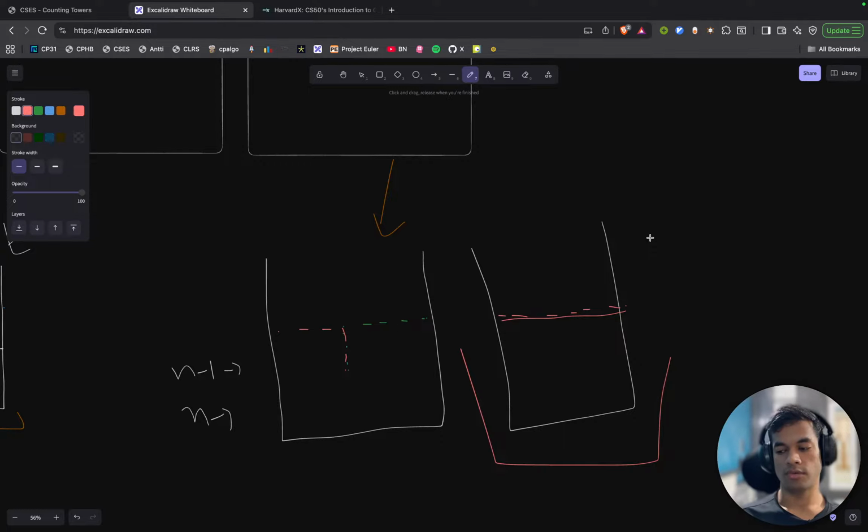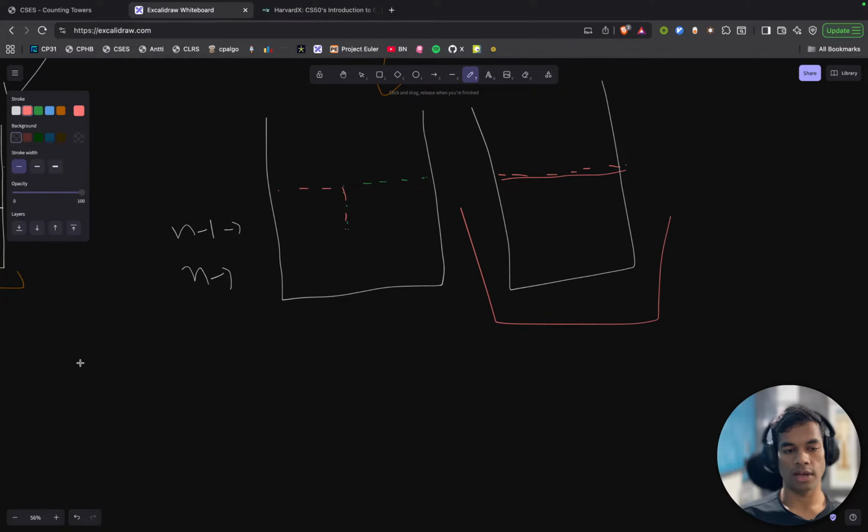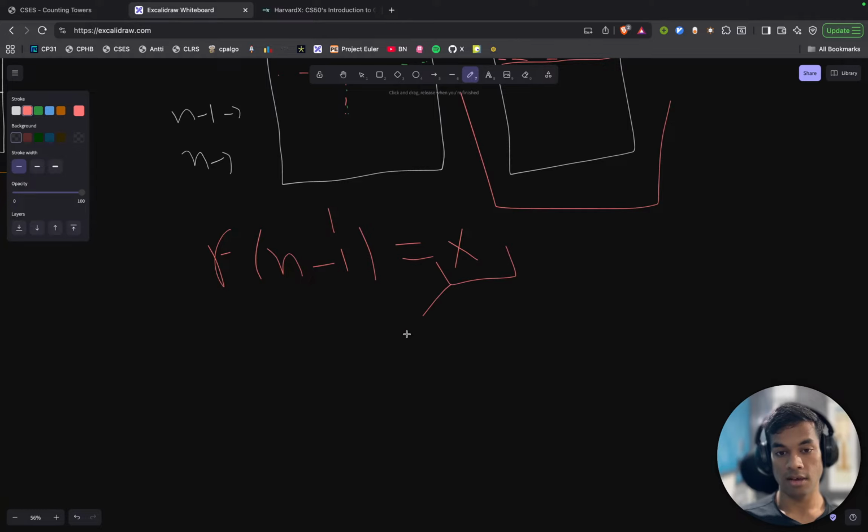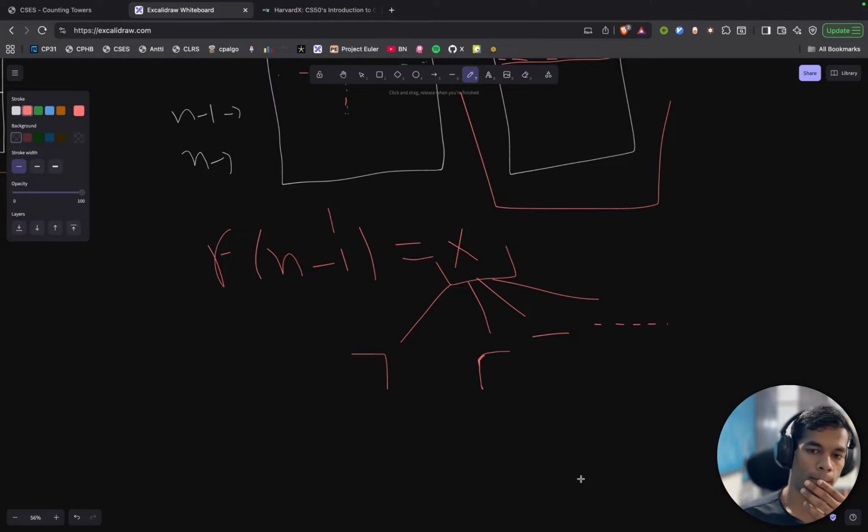Wait, okay. I think the mistake lies in the fact that I considered that when we have f(n minus 1) equals x, then x is equally divided into four choices: this one, this one, this one where we have one line at the top, or no line at all.